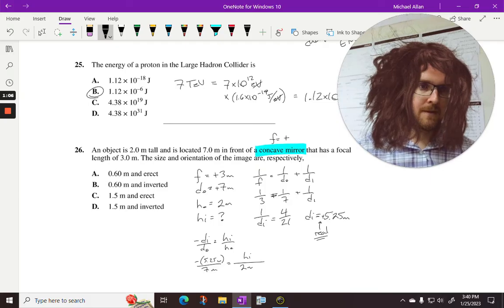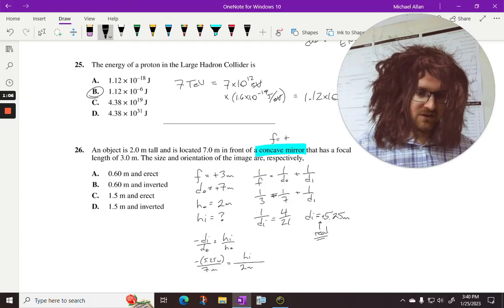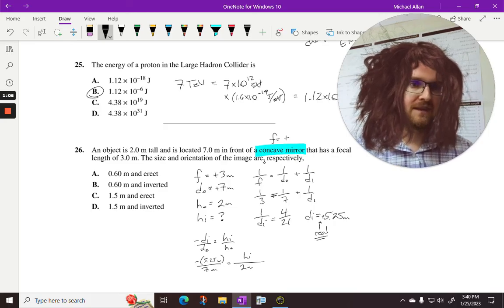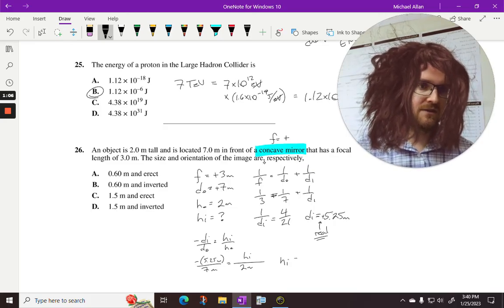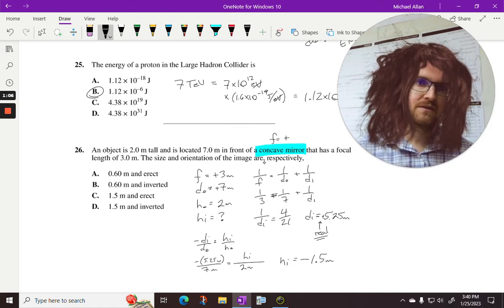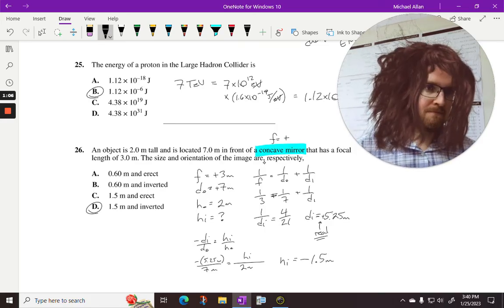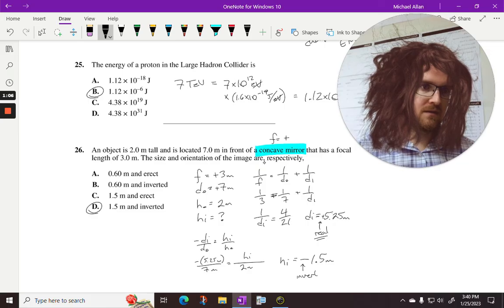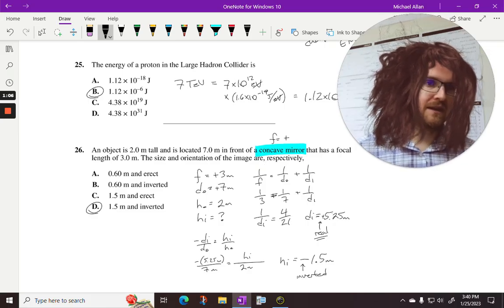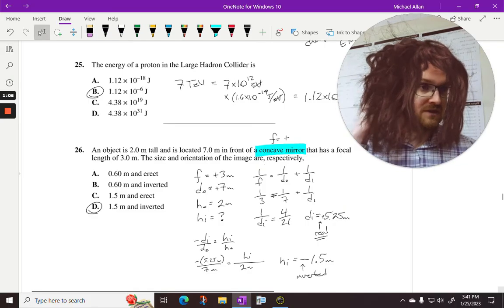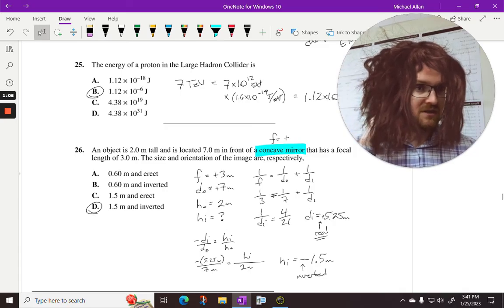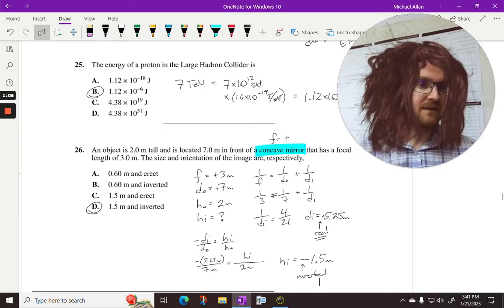Okay. We'll just times this 2 up, times by 2, divide by the 7, 1.5. So we get hi to be negative 1.5 meters. Inverted, like I said. If we found the m, we would have got a negative m as well. And then we could determine if it's diminished or not. And actually, we just look at it now. It's diminished. It used to be 2, now it's 1.5.